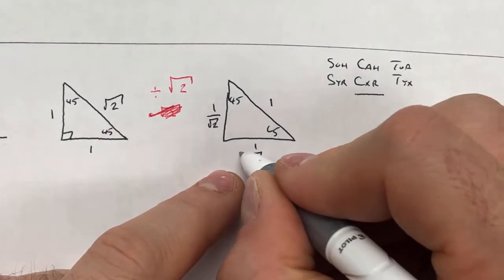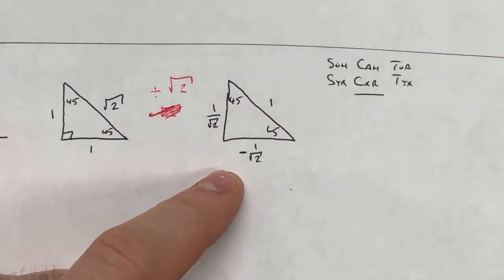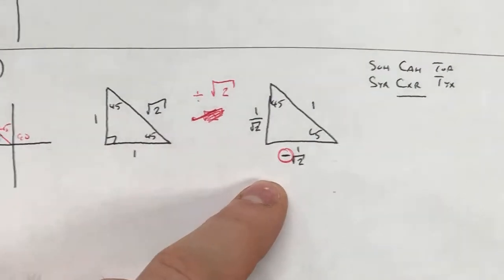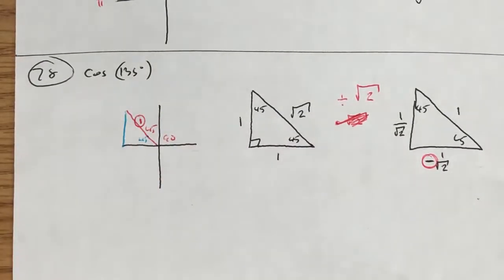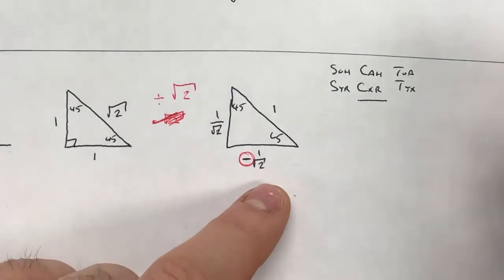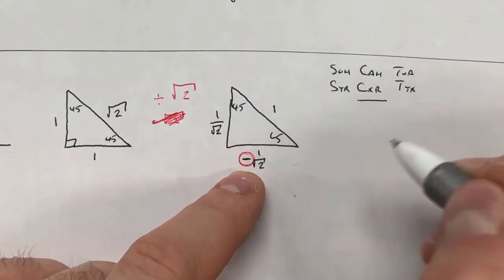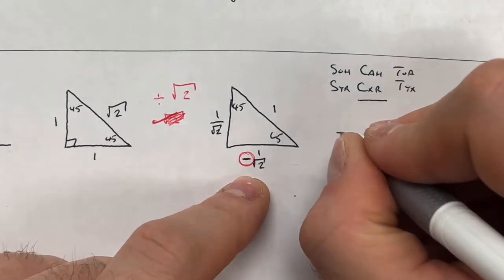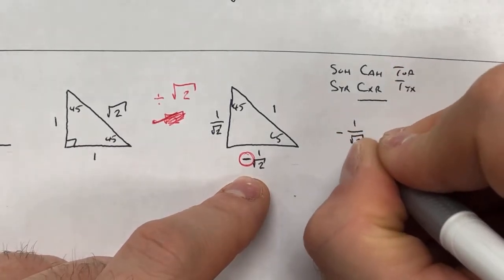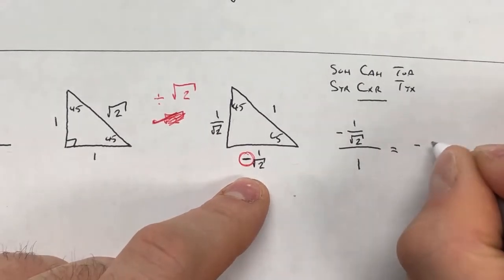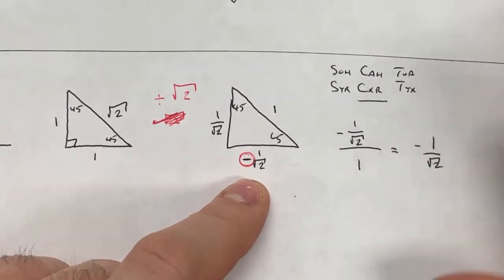And in this case, let's not forget that my x value is a negative number because it's going in the leftward direction. I might get caught up if I'm just looking at the adjacent because I would think that is a positive value. It's a negative 1 over root 2 over the radius, which is 1. So this is just going to be negative 1 over root 2.